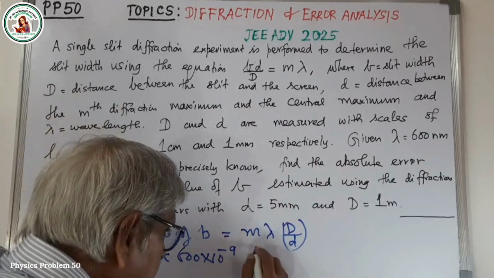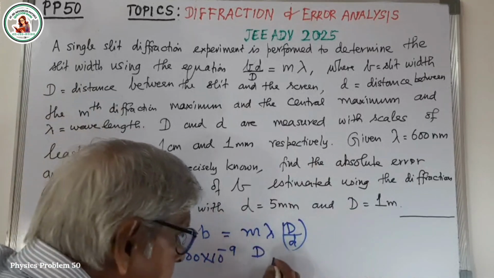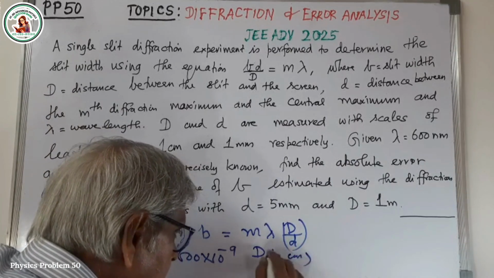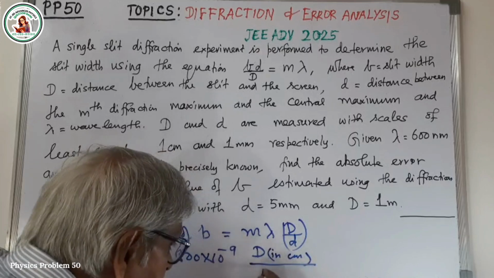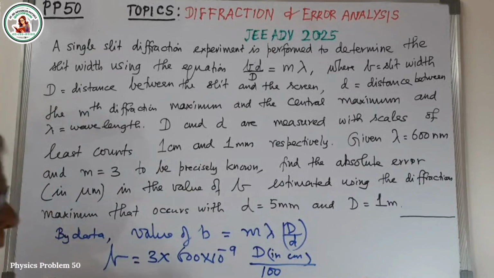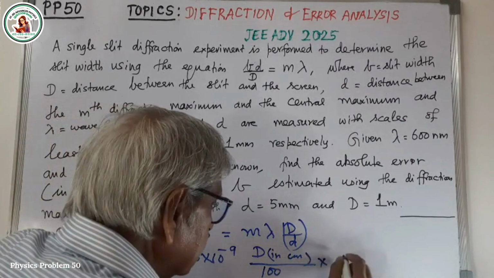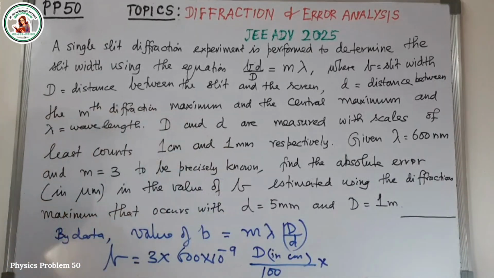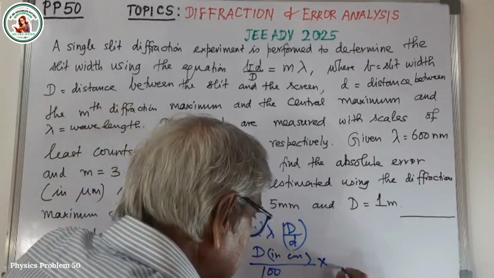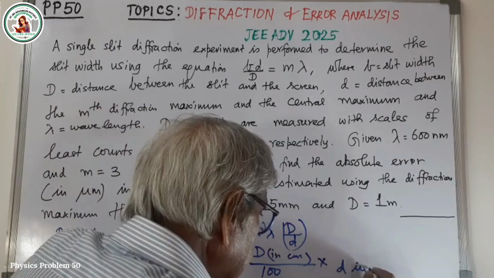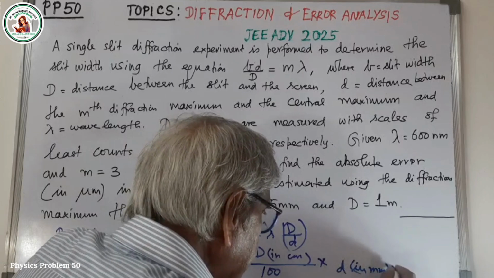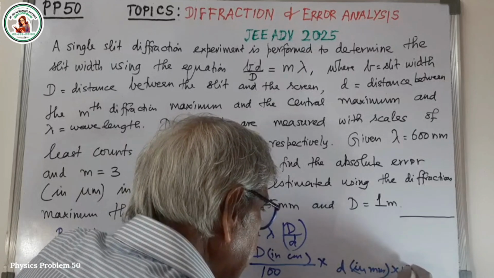Suppose for convenience I am putting capital D in centimeters, and divide by 100 to make it SI unit, meters. Small d is given in millimeters, so we multiply by 10 to the minus 3 to make it SI.